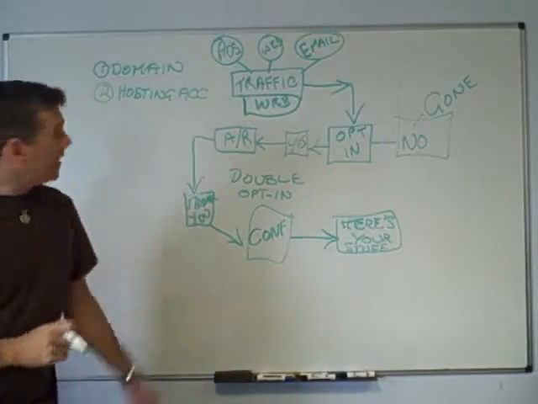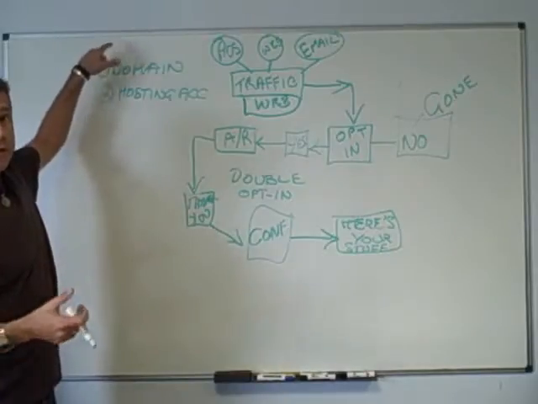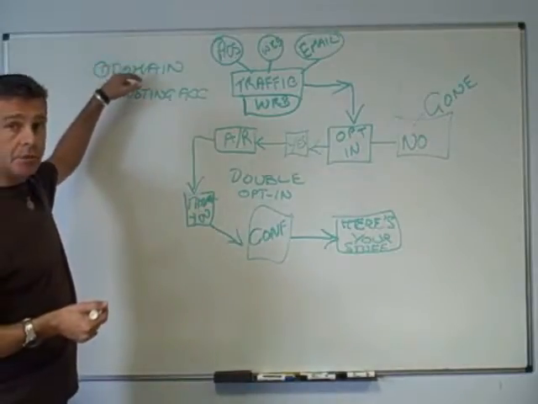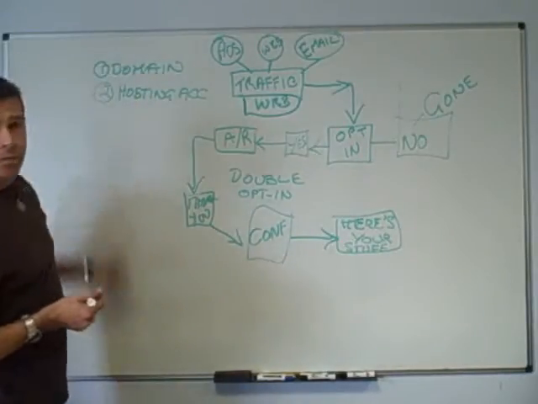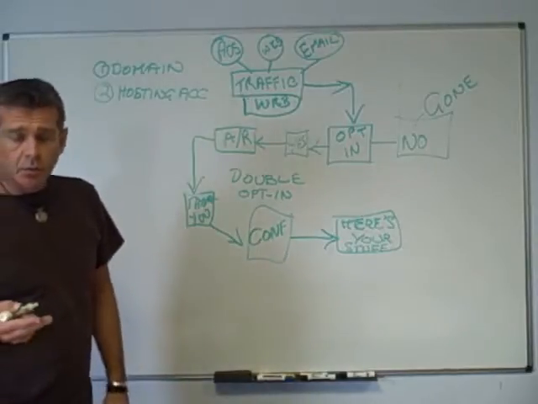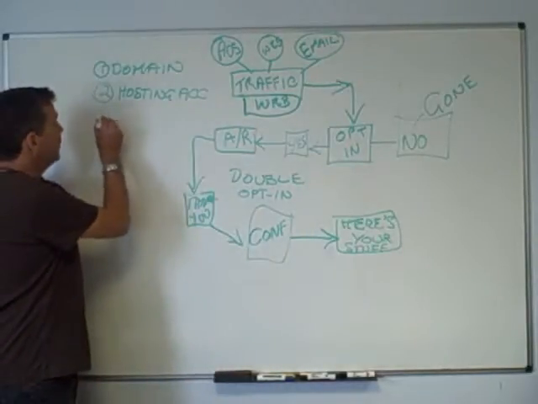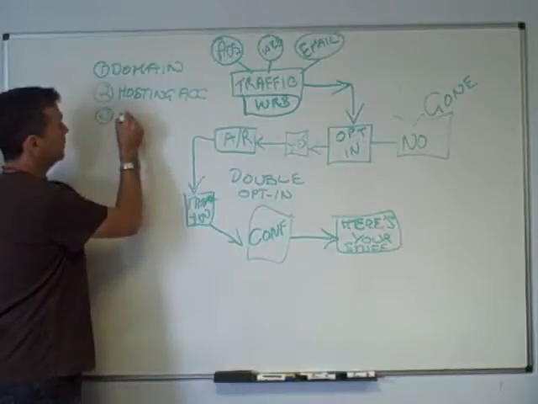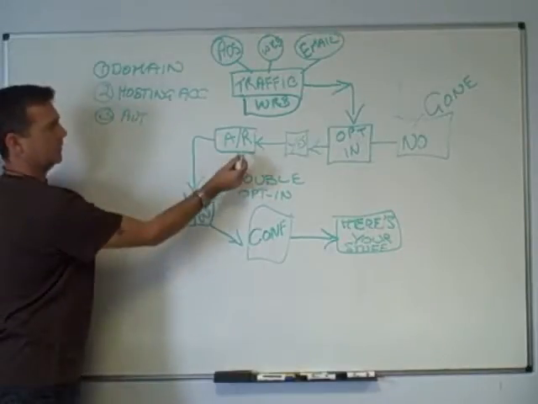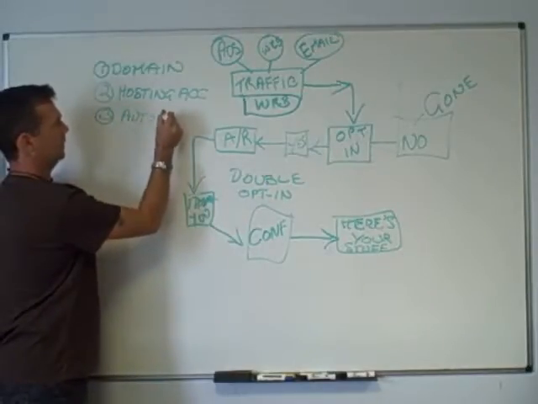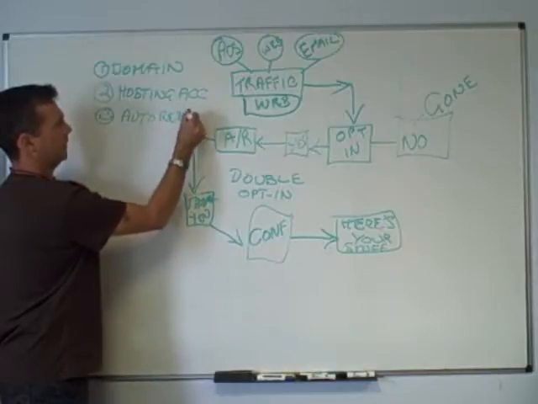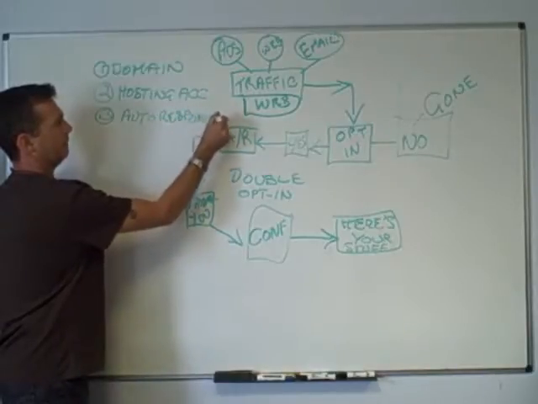You can use somebody like GoDaddy, or if you just put that into Google you'll find it, and they'll actually combine these two for you. You'll also need another little thing there to make this happen, which is your autoresponder, just here. So you need a provider for that.